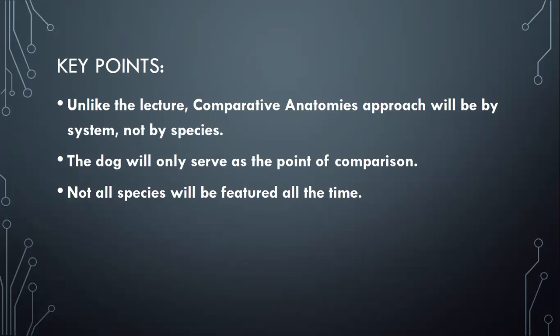There will be chickens and rabbits, but there are certain chapters wherein the rabbits and chickens are missing. Again, please do not answer dog on your quiz, because the dog is the point of comparison. If you answer dog, I will not accept that.